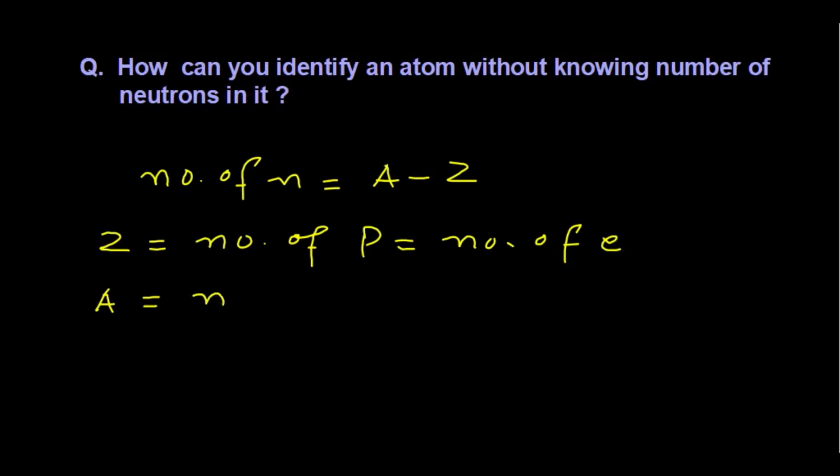So mass number is number of protons plus number of neutrons. So in this way, by using the formula A minus Z, we can identify an atom without knowing the number of neutrons in it. I hope this question is clear.